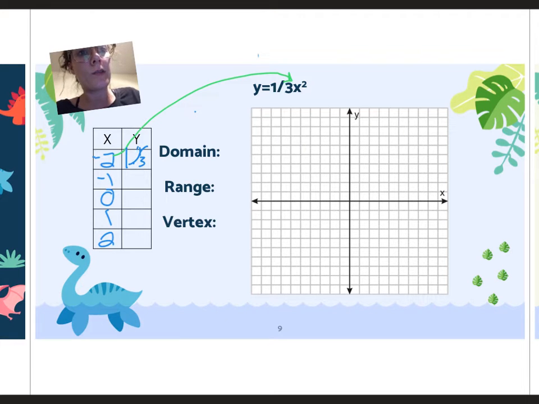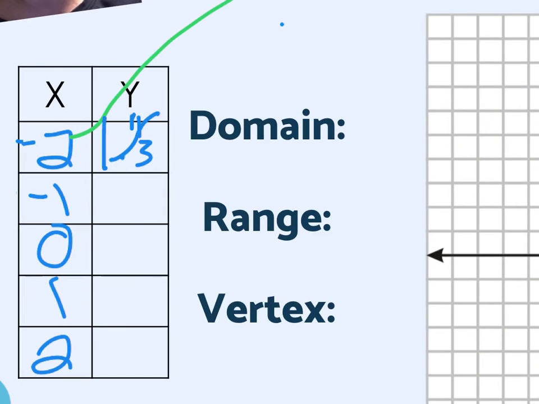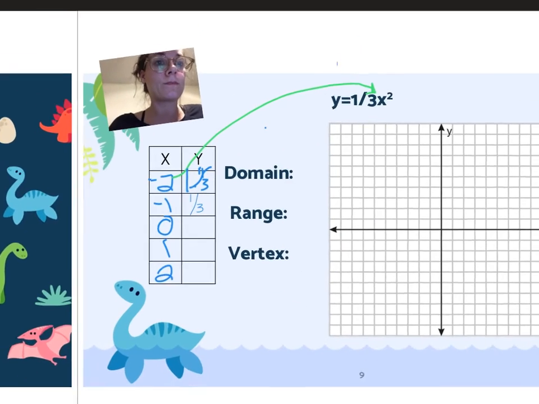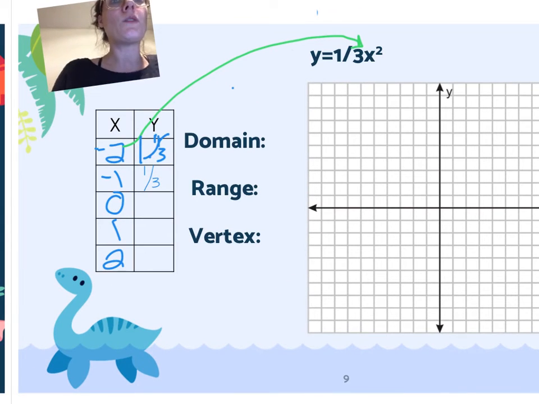That is a terrible fraction. Oh, we're good. Okay, so now I'm going to plug the -1 in here. So -1 squared, -1 times -1 is 1, times 1/3 is 1/3. Okay, 0 squared is 0.